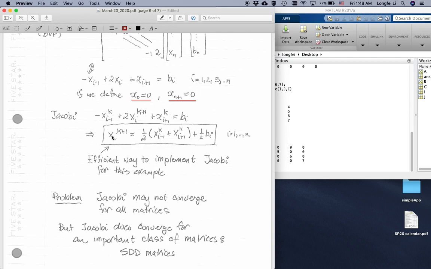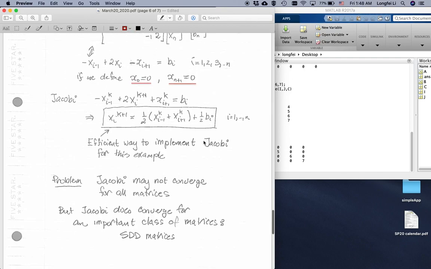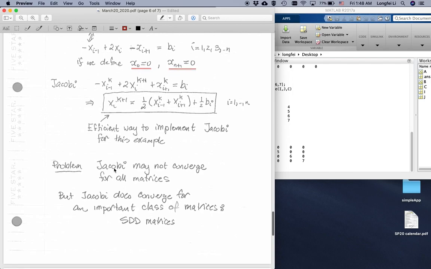If we solve for x_i, we end up with this equation. So when we're solving for x_i, we only need its left neighbor and right neighbor. Therefore, if we're using a sparse matrix, my matrix B here would have only 2 diagonals. So this is an efficient way to implement Jacobi for this example.